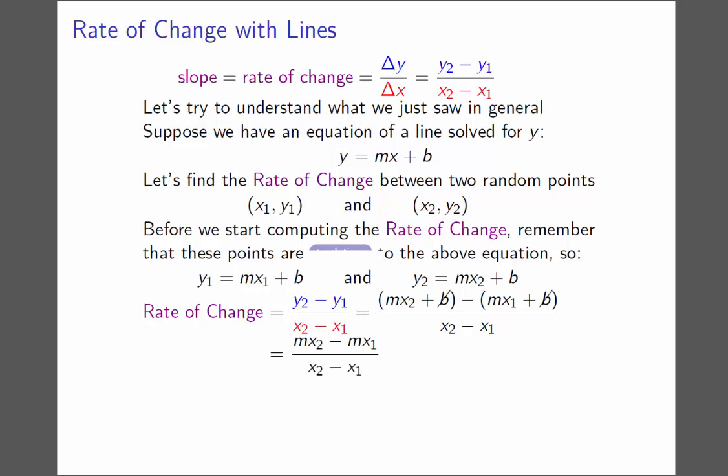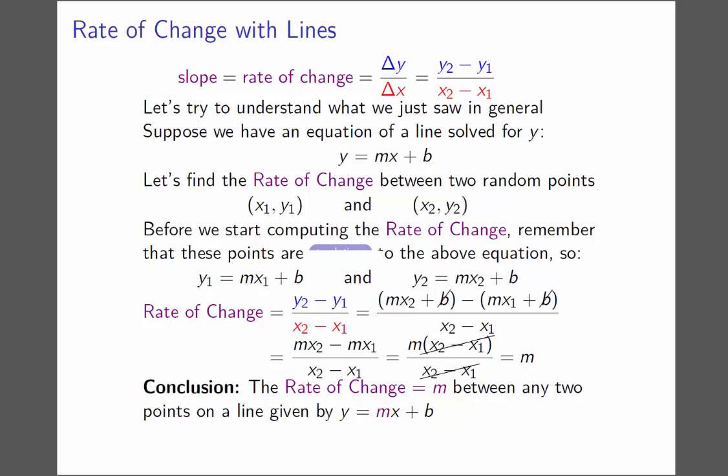But up top, we have b minus b, so it reduces to m x2 minus m x1 over x2 minus x1. But on the top we can factor out an m and write it as m times (x2 minus x1) over (x2 minus x1). But any number divided by itself is just 1, even if it's x2 minus x1. So this reduces to just m.